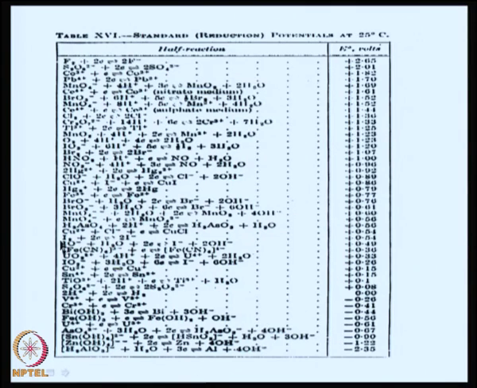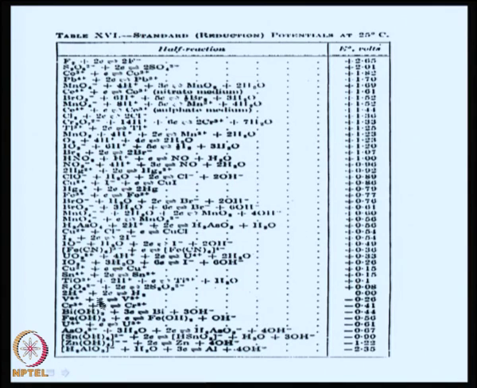Then I am choosing an arbitrary random value, that is iodine here, plus 2 electrons going to 2I minus, that is iodide electrode, and that shows plus 0.51. So, tin here is another one, Sn4 plus 2 electron going to stannous, that shows 0.15.